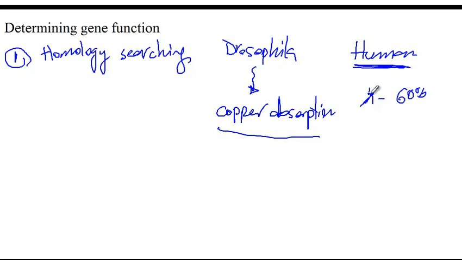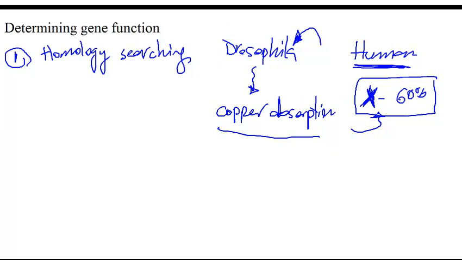So this way we can have an idea that gene X is probably required for copper absorption in humans, but let's do some tests to find out if that's truly what it does. We've already discussed that we can isolate this gene X, clone it into the flies, and see what happens. Does their body copper level all of a sudden increase? If it does, there we go. We've confirmed that gene X is required for copper absorption.